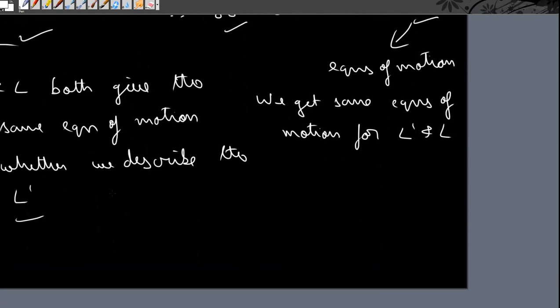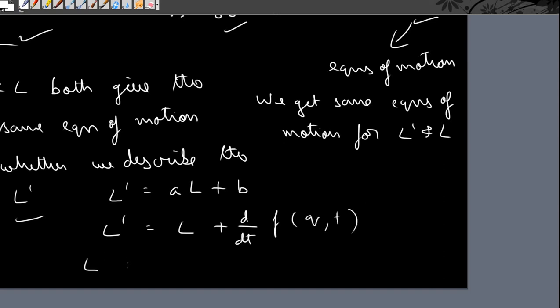So to summarize, I can define L dash as some constant a times L plus some other constant b, or I can have L dash as L plus some total derivative of f of q, t, or in general I can have L dash equal to aL plus d by dt of f of q, t plus some constant b, and the equations of motion corresponding to L and L dash, as we have seen, will turn out to be the same.